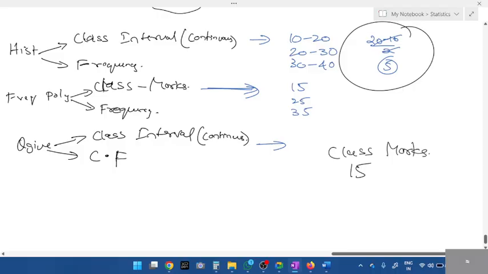Last part will end the class. Last part 10, 15, 25, 35. First completed till here, students. All of you completed till here and let me know.